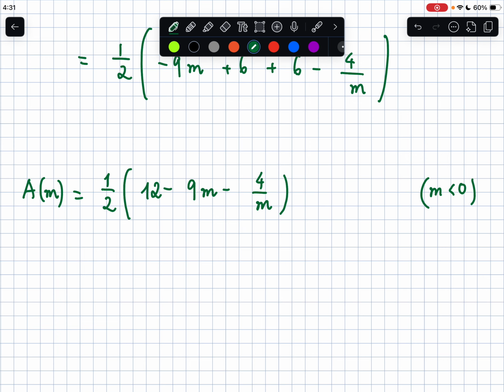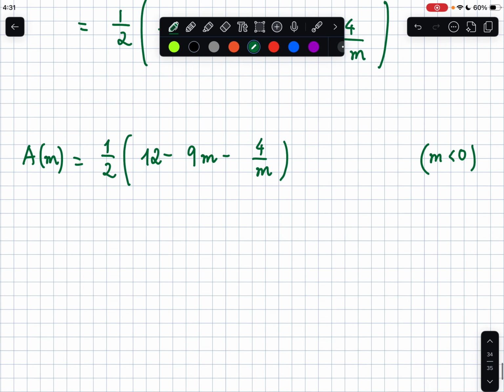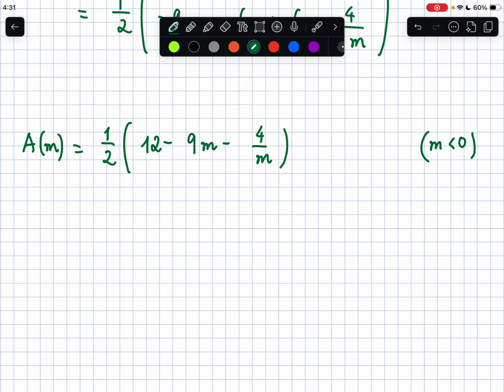Now we need to compute the critical points. A prime equals 1 over 2 times (minus 9 plus 4 over m squared).